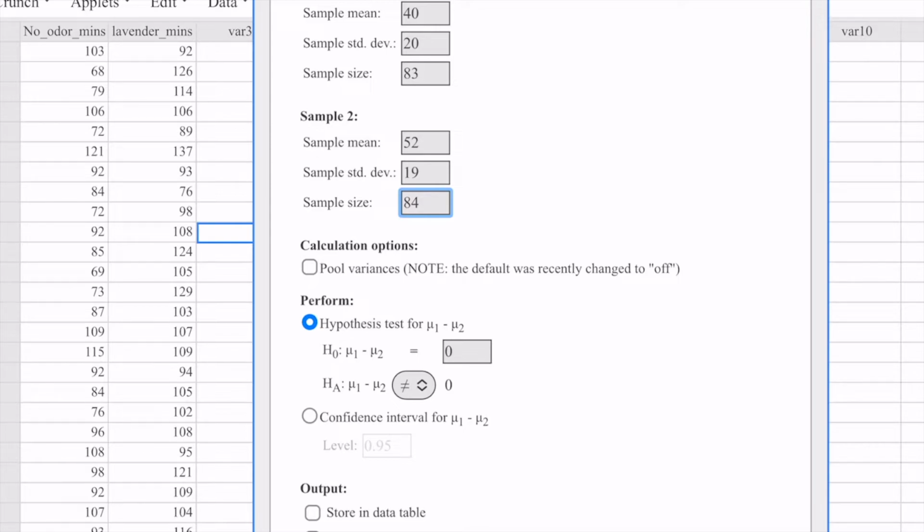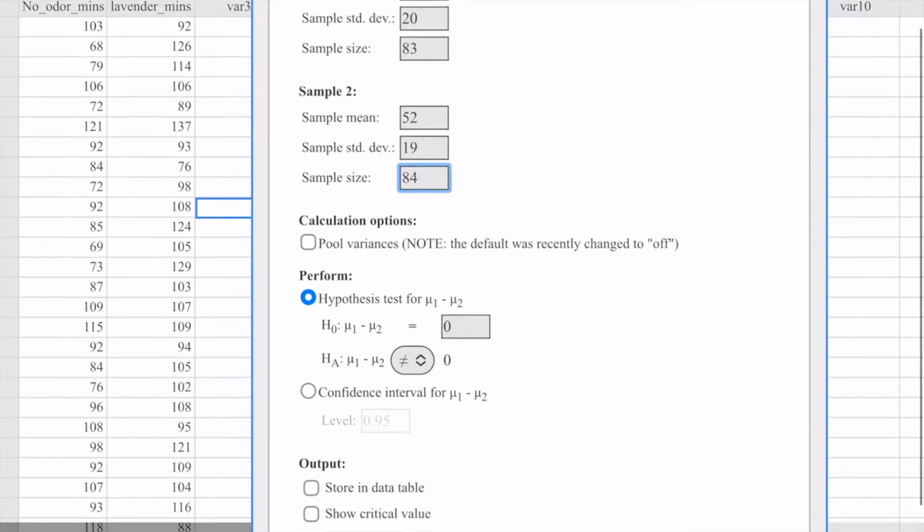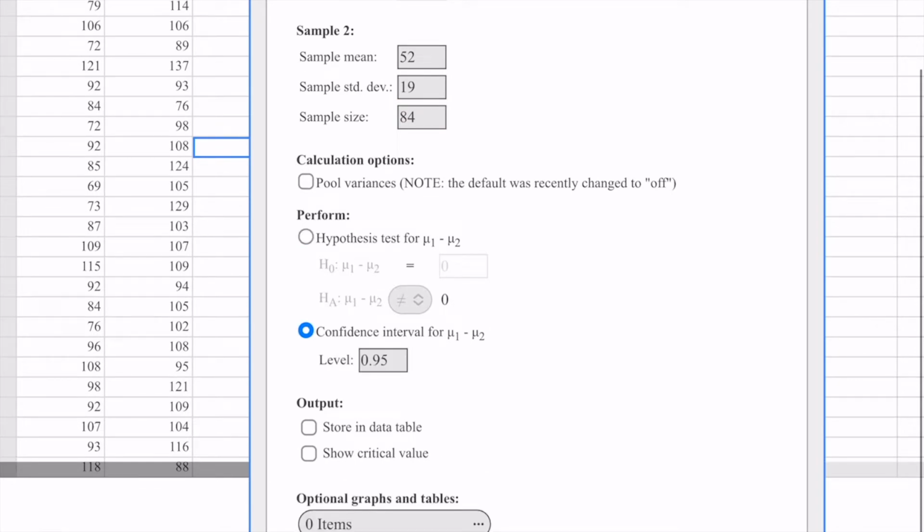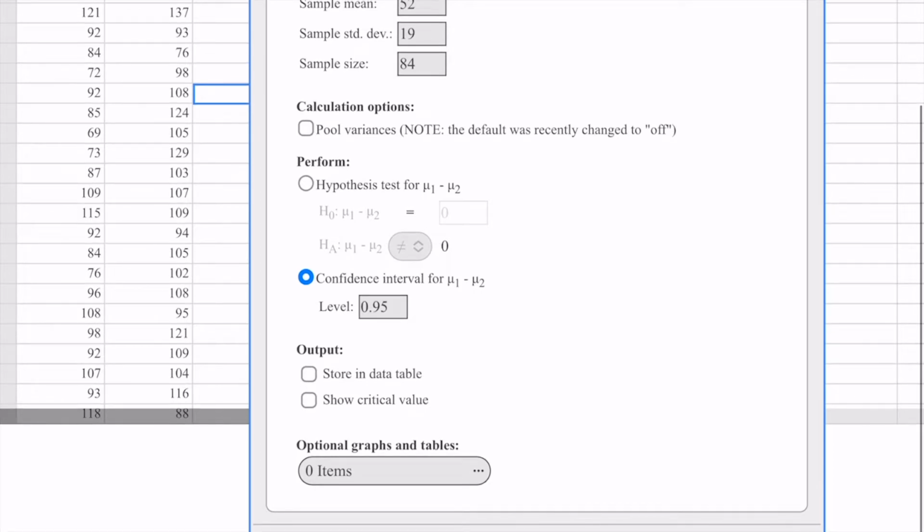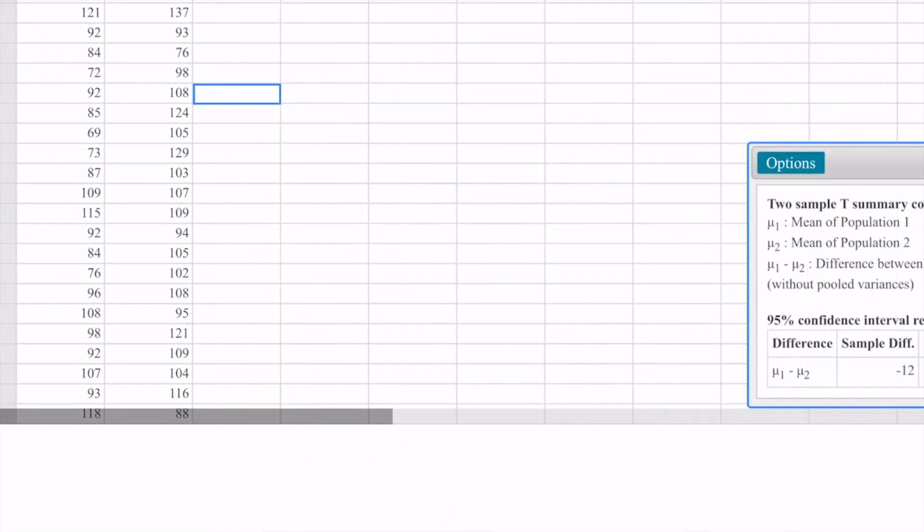Anyways, select no. We're not going to pool. It's safe to not pool your variances, so we are going to just keep that off. Don't check that. All right, what are we performing? We are performing a confidence interval for mu1 minus mu2. Our confidence level is 95%. That's all we need. We're going to compute.